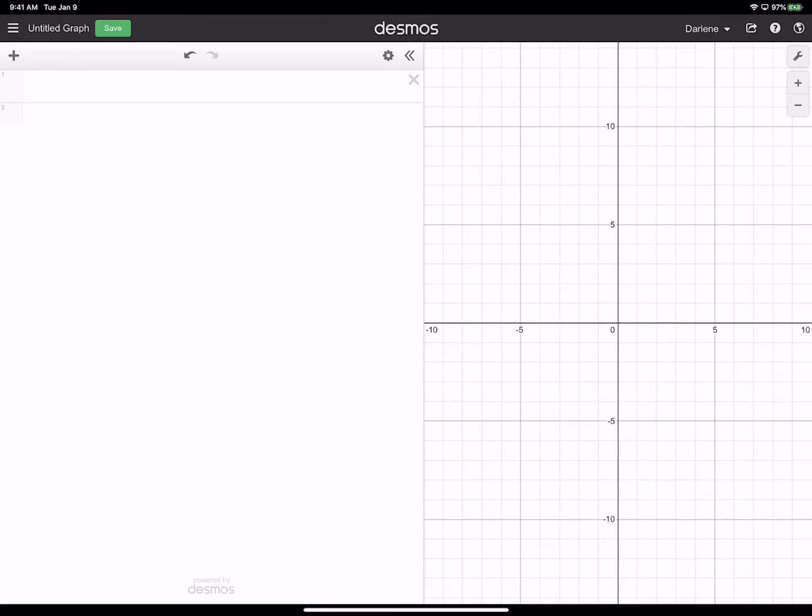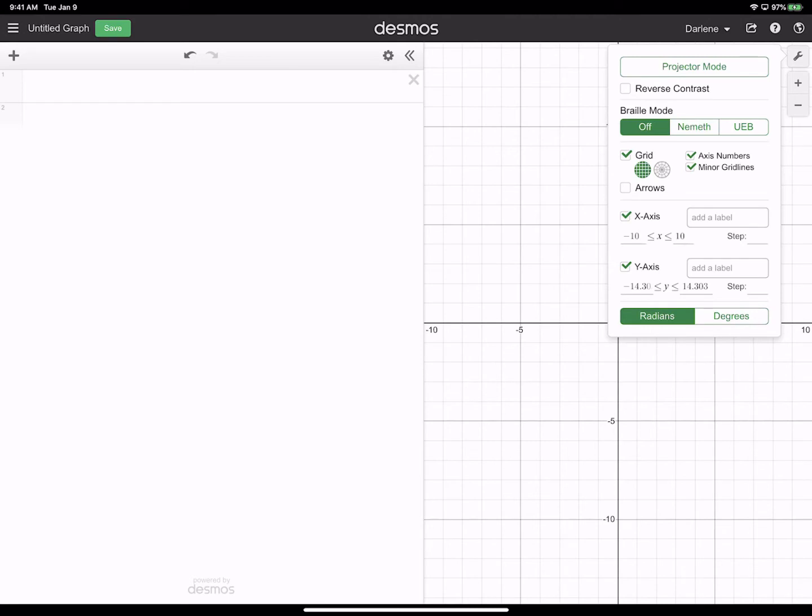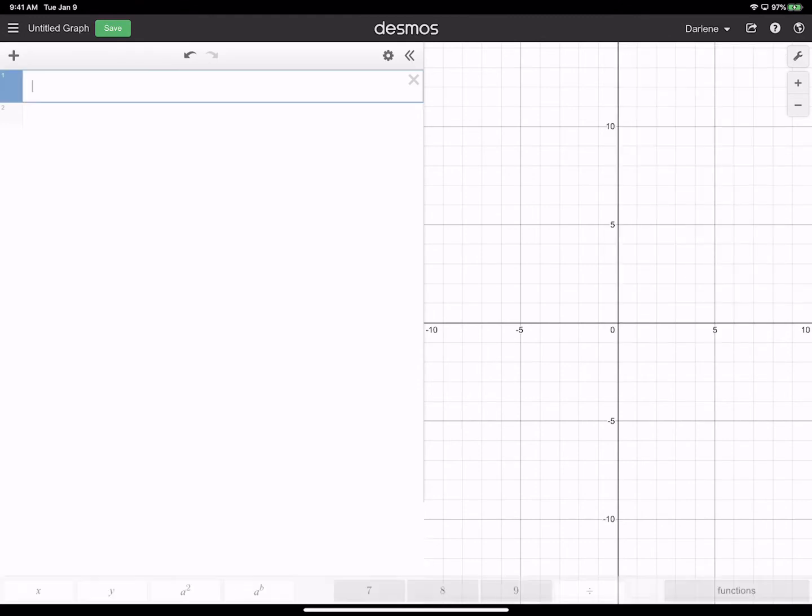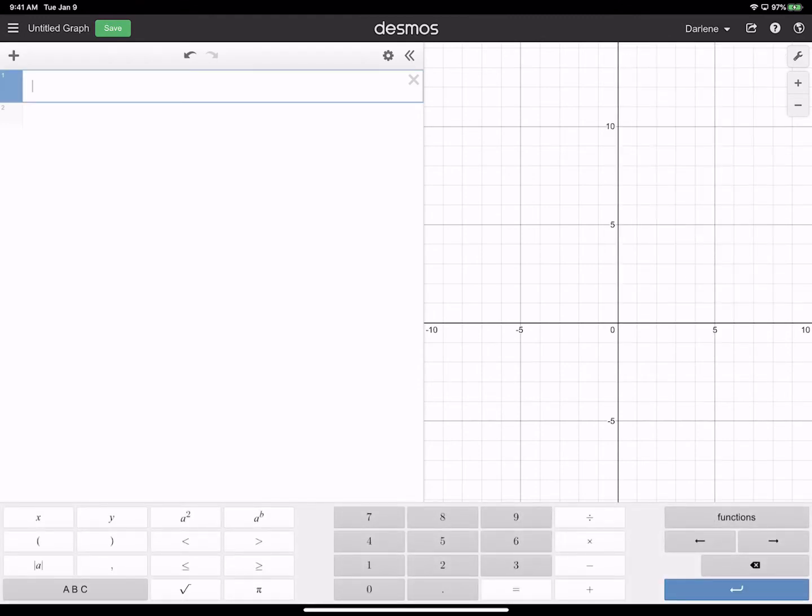I'm using Desmos, so I have to make sure it's in degree mode. I hit this little wrench up here in the top right corner, and the wrench here should have radians or degrees down below. So I'm just going to go ahead and select degrees. Great, and then I'm just going to double check that it's in degrees. Now I can go ahead and input that expression.